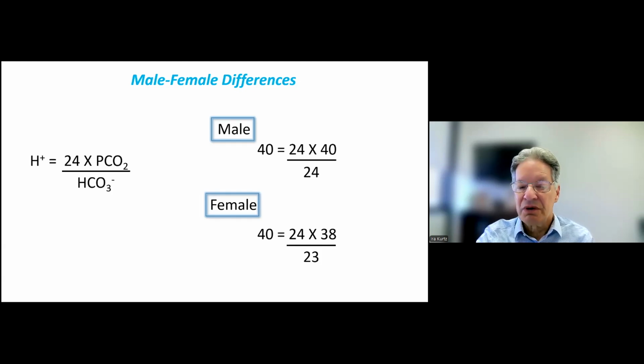It is known that at mid-cycle, the PCO2 drops because of progesterone going up in the blood. It drives ventilation. And in fact, that's how clinicians used to tell when women ovulated. They would measure the PCO2 throughout the month, and at mid-cycle, the PCO2 drops.